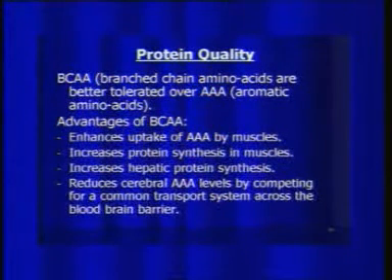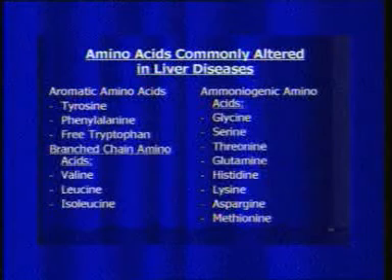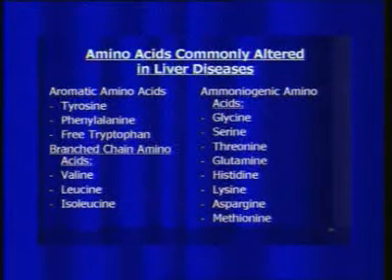This fourth point is very important because it will help in attenuating or reducing the severity of neurological symptoms arising in hepatic coma patients. Now we can see here which amino acids should commonly be altered in liver diseases.